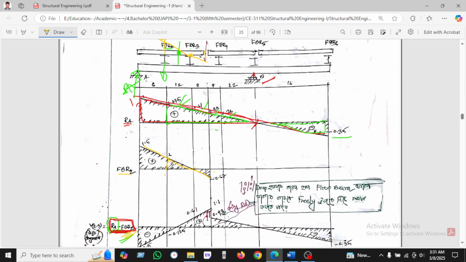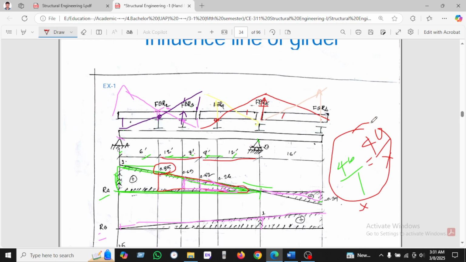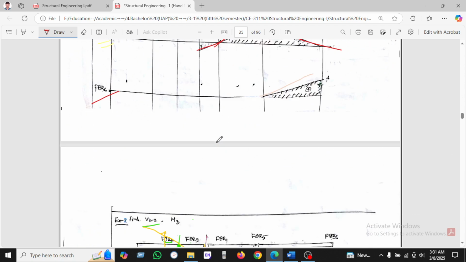So this point is also 1, and we just compare the similar triangle as I have shown. I will calculate, and it will be 1.5, and by comparing the similar triangle we found 0.6. I have shown how to calculate the similar triangle and find the result.